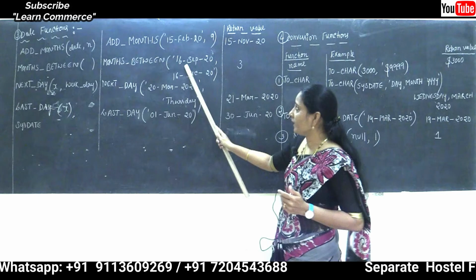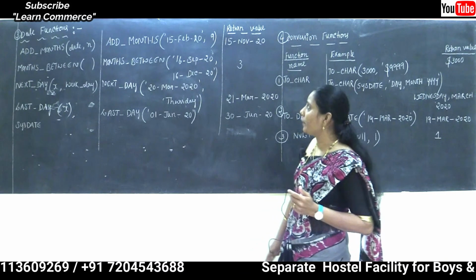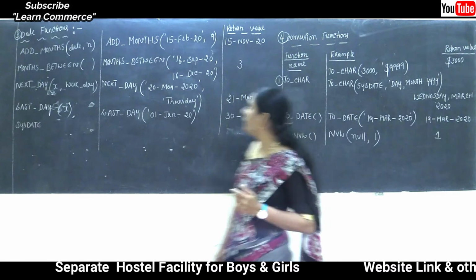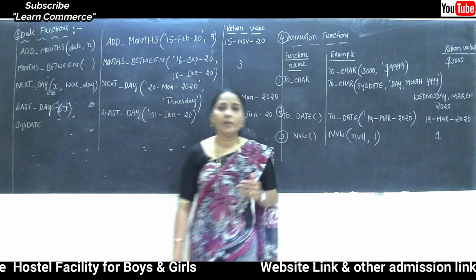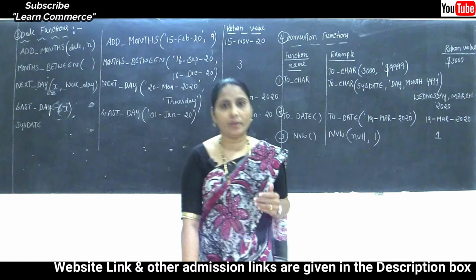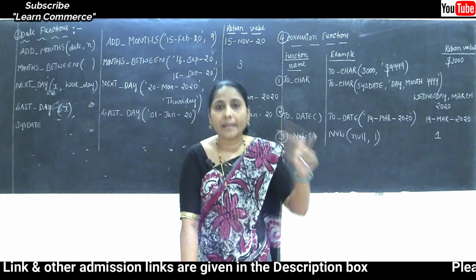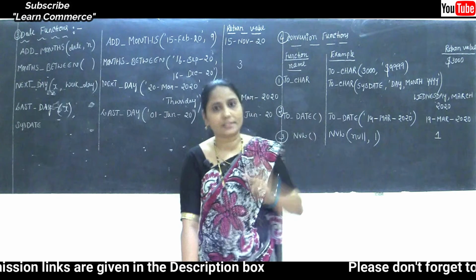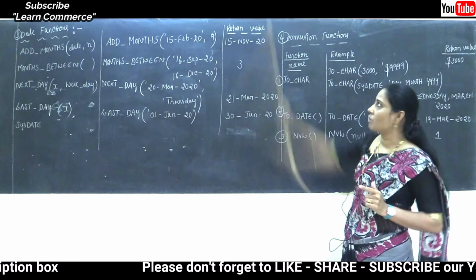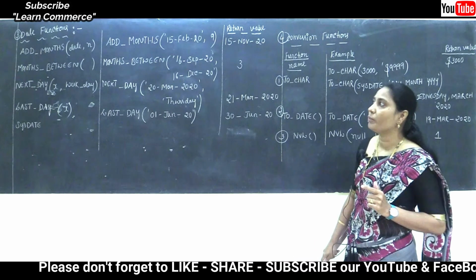The first date is 16 September 2020 and the second date is 16 December 2020. When you count the number of months between date x1 and date x2, the number of months is 3. So this is the return value of MONTHS_BETWEEN.